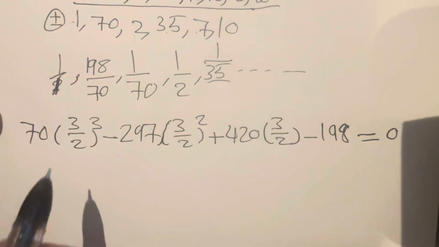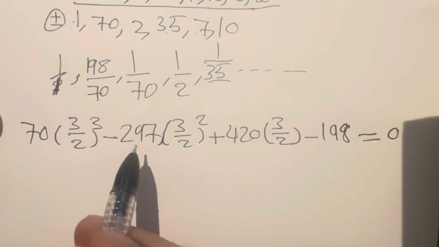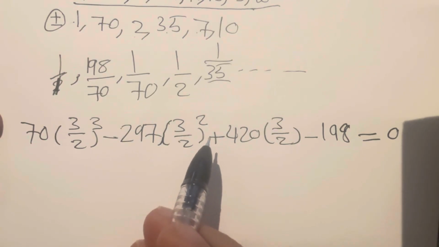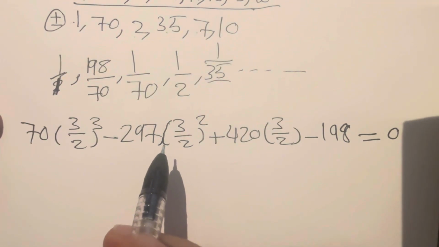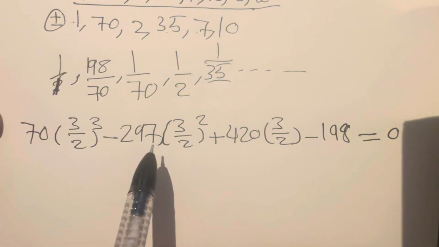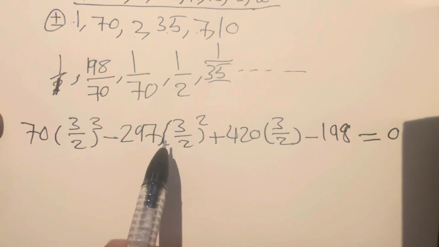If we calculate all this, you can try using a calculator or using your brain. You can use whichever you like to do the calculation. It makes the whole equation 0, so it is one of the roots.